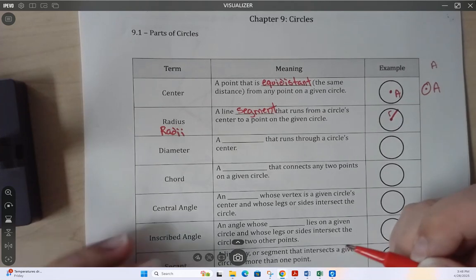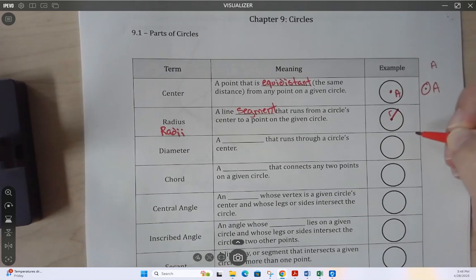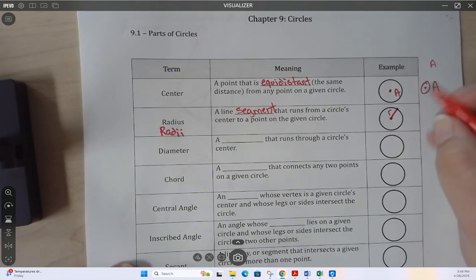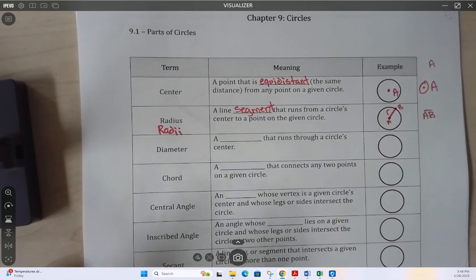Since our radius is a segment, if we know the endpoints and we're asked to name it, we would name it as a segment. So if this was A and this would B, our radius would be segment AB. And we still use that segment bar above it.